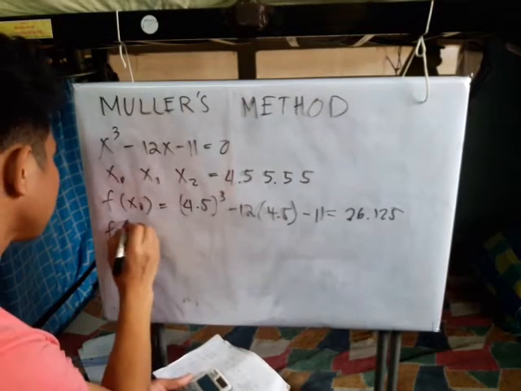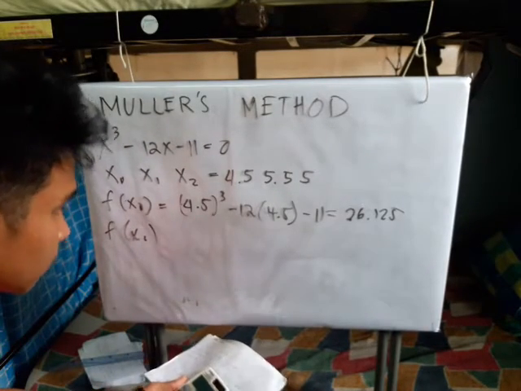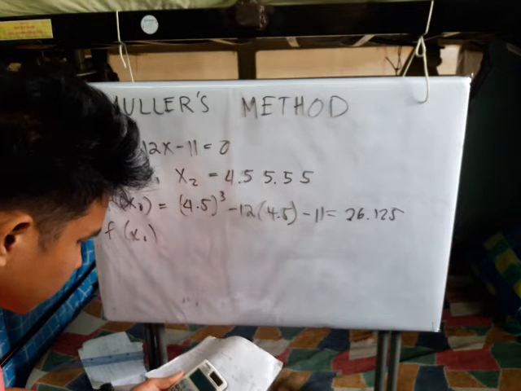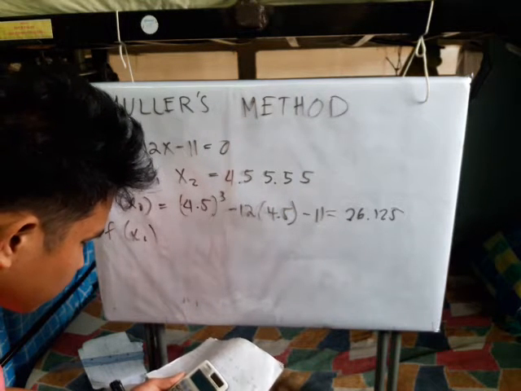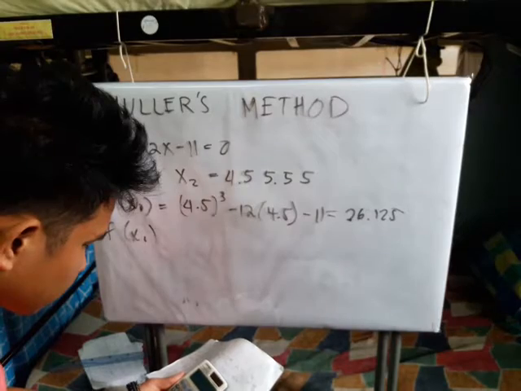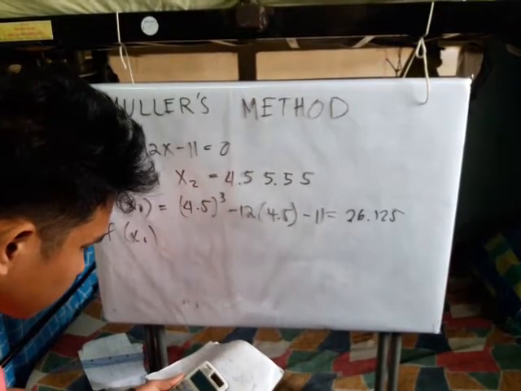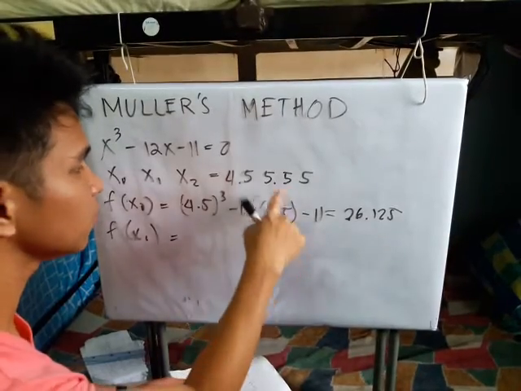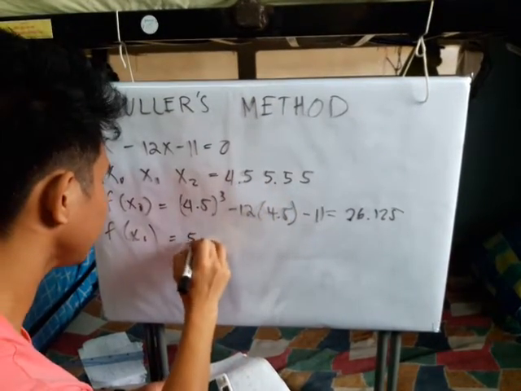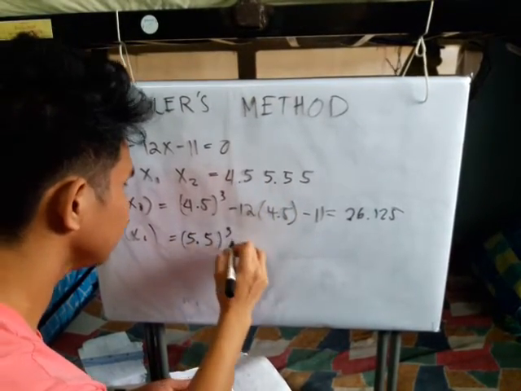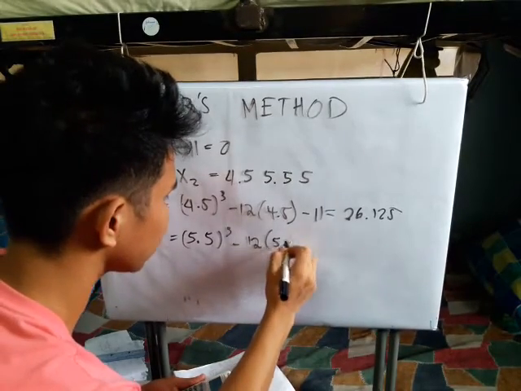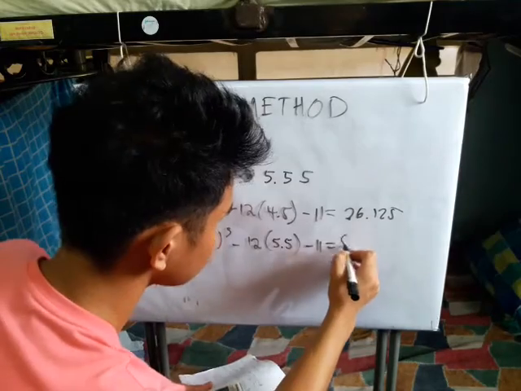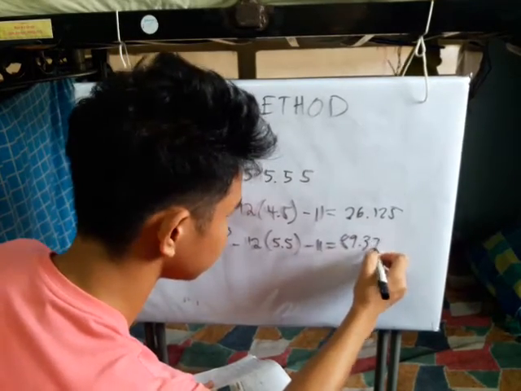For f of x1, which is 5.5, 5.5 cubed minus 12 times 5.5 minus 11 is equal to 89.375.